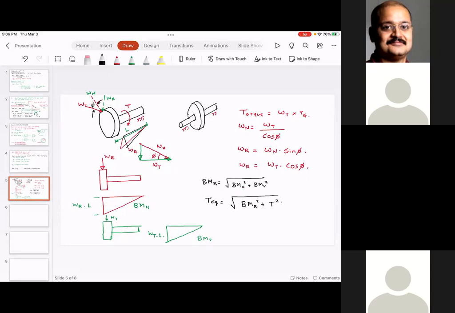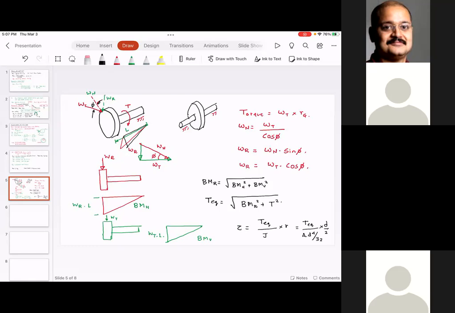Once you find the value of TEQ, you can find tau equal to TEQ divided by J multiplied by R, which is TEQ divided by J, where J is pi d raised to 4 by 32, times d by 2. Once you solve this equation, you will get the value of d. Everyone understood this? That is how you will design the shaft.